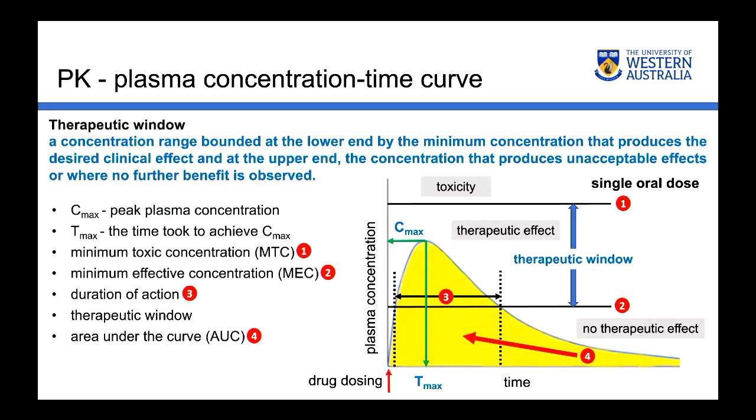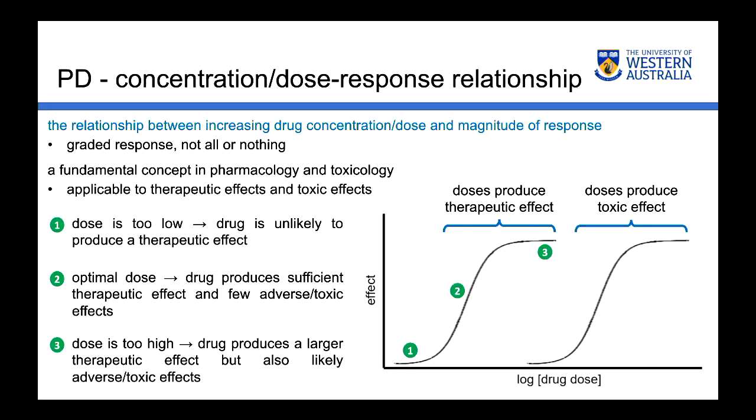Now in terms of pharmacodynamics, we are looking at the concentration or dose response relationship that describes essentially the relationship between the response or the effect of a drug versus the concentration or the dose of the drug. Now you will see the curve here. It's not an all or nothing response. It's a graded response.